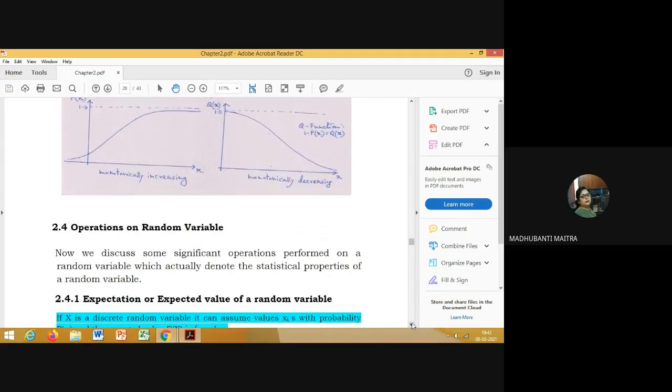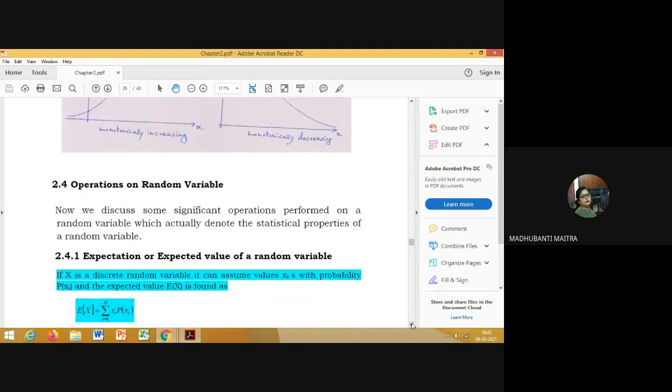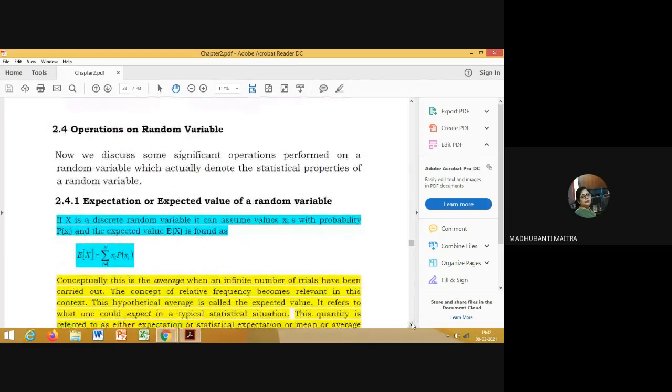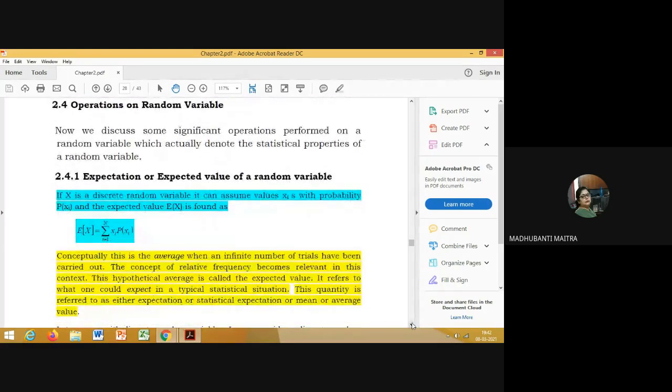Now, operations on random variables. We'll discuss some operations that are performed on a random variable. The first one is the expectation or expected value of a random variable. Let's first consider that X is a discrete random variable.